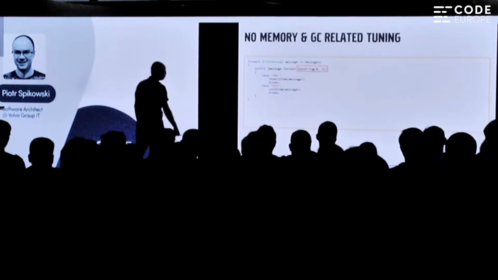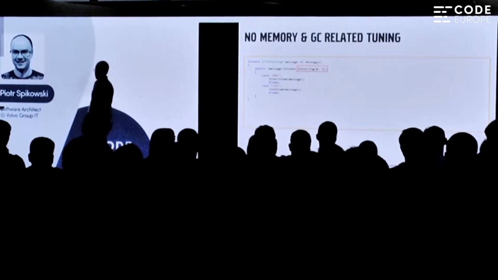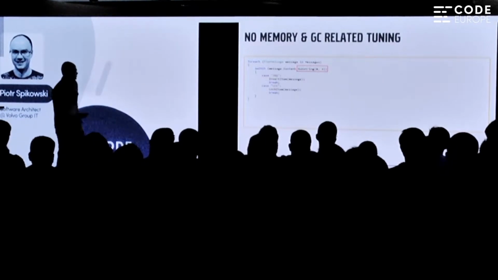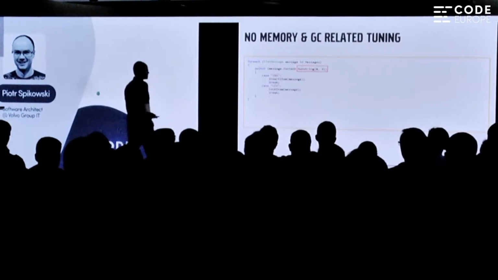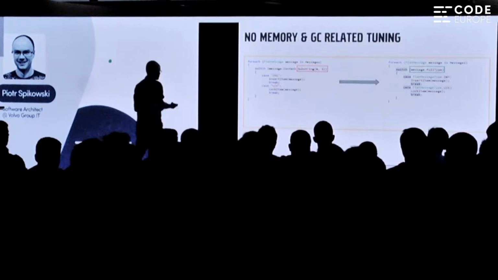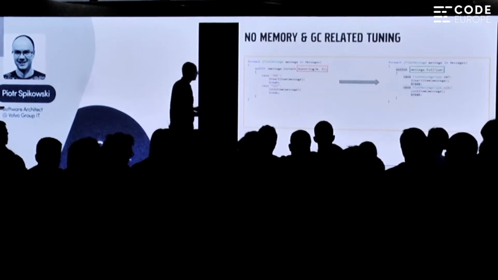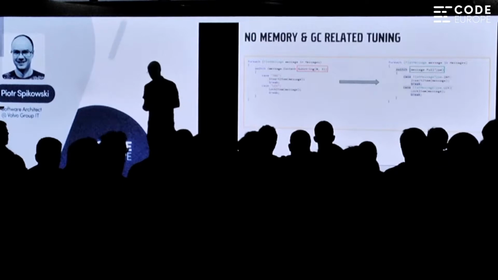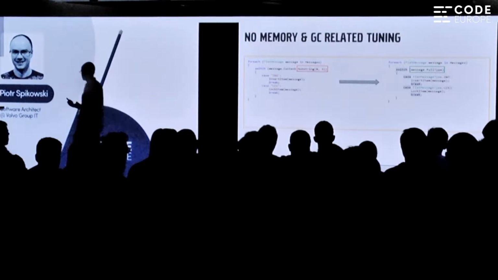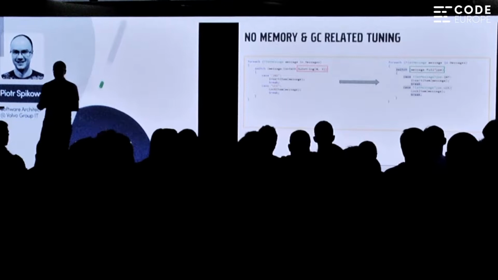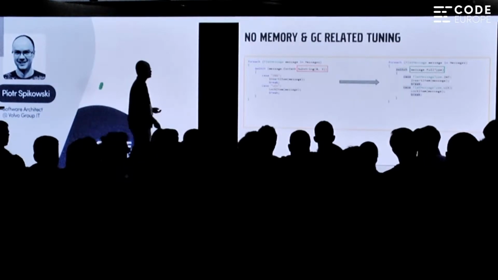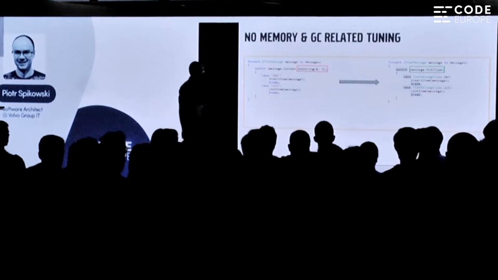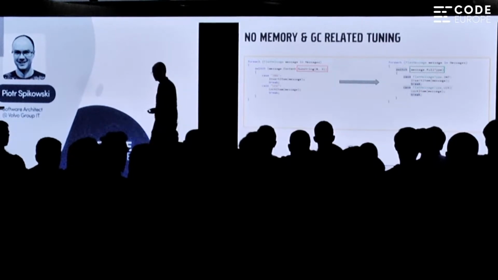So you will have multiple allocations happening, and as a result you may at some point receive unnecessary pauses done by the GC. So the change was, someone realized that we can read the message as a byte array. We can just read the first part as an integer, as a number. We don't have to read it as a string. And then the change was simply to read the first part as an integer and just compare integers.